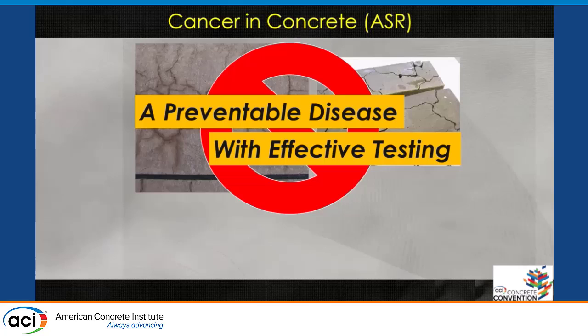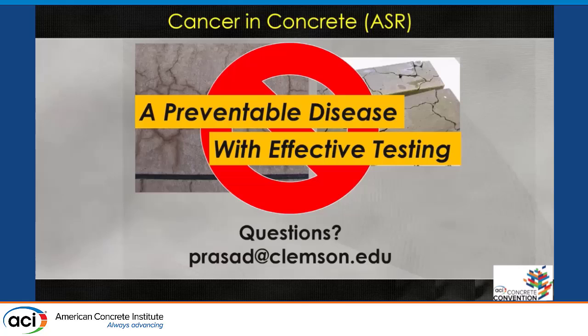I believe we now have ways to deal with this issue and come up with some reasonable answers in a fairly short duration of time. I know short is never short. We're always wanting to do it like today, but 56 days, about 8 weeks for MCPT, I believe is much shorter than 2 years with the Concrete Prism Test. So with that, I'd like to conclude and take any questions.